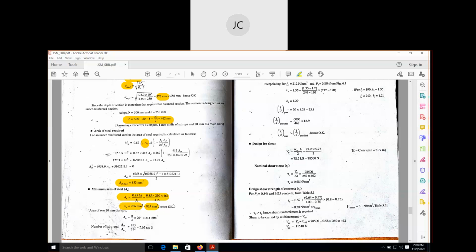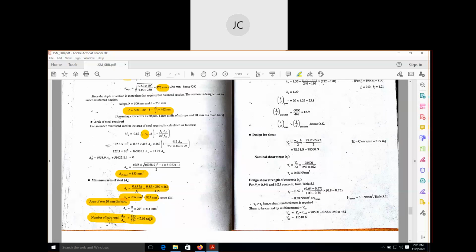That means our design is correct. Therefore, if we choose the diameter of bar as 20 millimeter, then number of bars we will get as this much, 3. Therefore, we require 3 numbers of 20 millimeter bars.